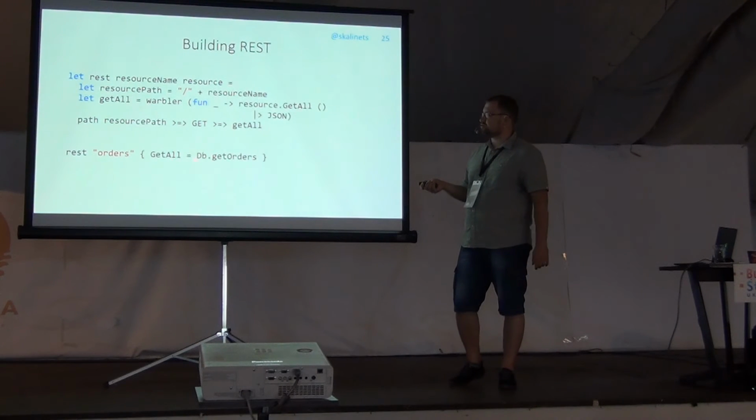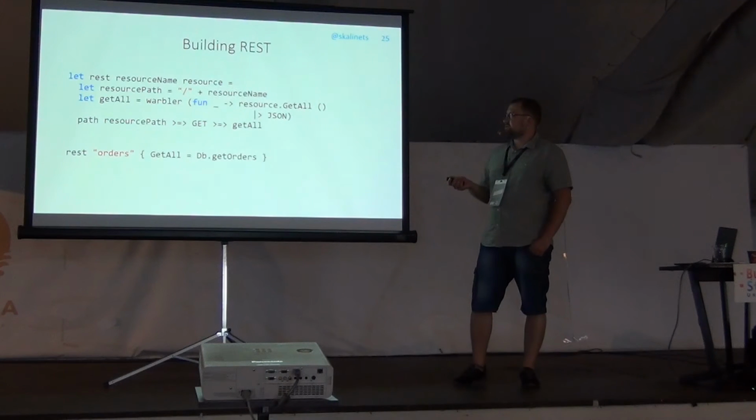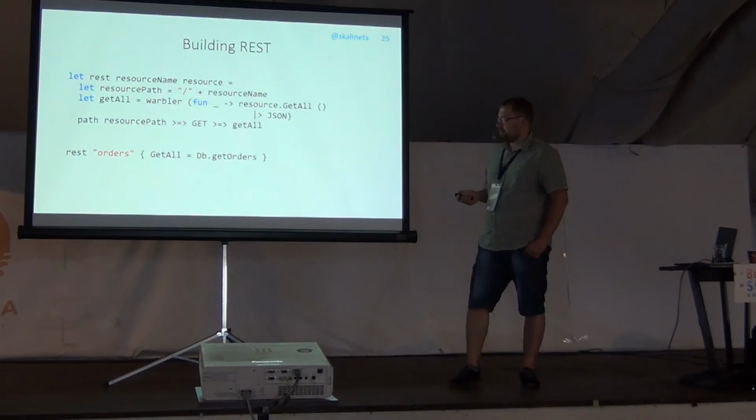Okay, so in this case it should have a getAll method, for example. And we just make the path. We are making a getAll call that will return JSON, and we return this web part that should match on the resource path, get, and the call method getAll. So this is how it can be used.